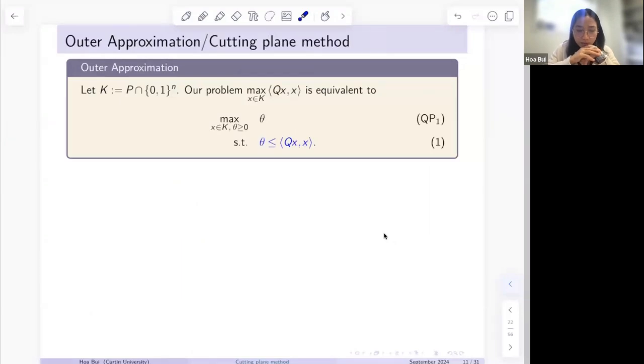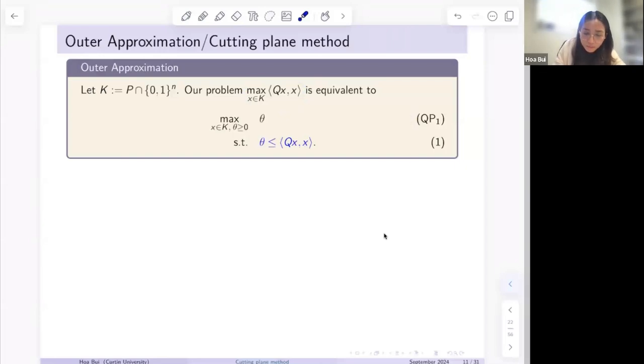After approximation, sometimes also called the cutting plane method, cutting planes start as follows. Let's denote K as our feasible set with discrete, binary solutions. So our problem is to maximize the quadratic function over that feasible set K. This is actually equivalent to the following reformulation.